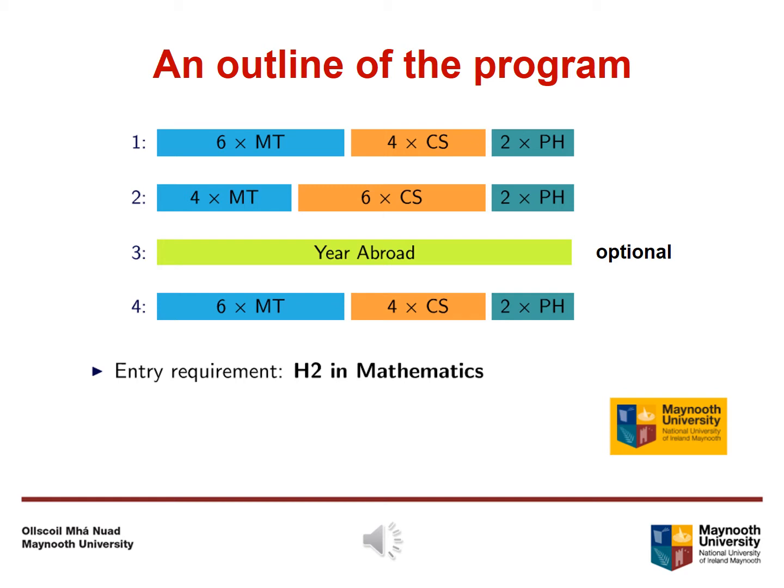Many students opt to take the Erasmus scheme and maybe go to somewhere like the University of Pompeu Fabra in Barcelona. Others have gone to Toronto in Canada. Then, in the final year of the BSc, you take 6 credits of mathematics, 4 of computer science and 2 of philosophy. The entry requirement to the programme is a H2 in mathematics.